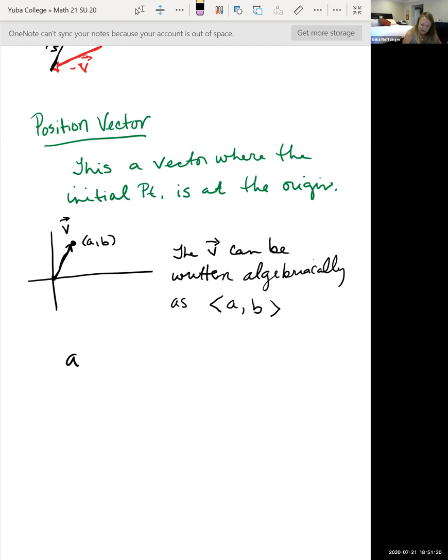So basically a is the horizontal component. And b is the vertical component.